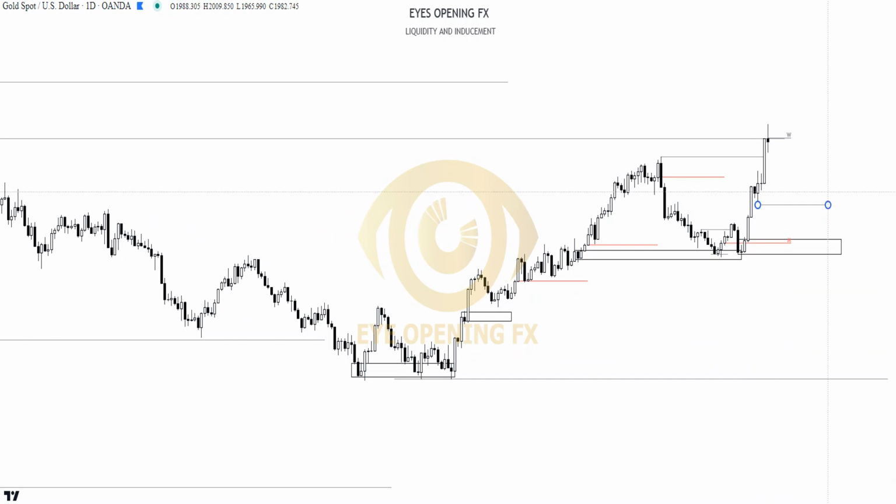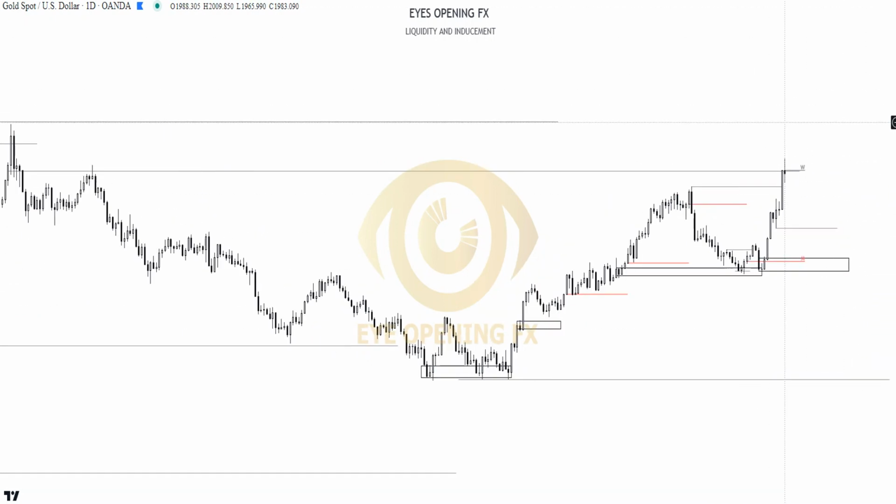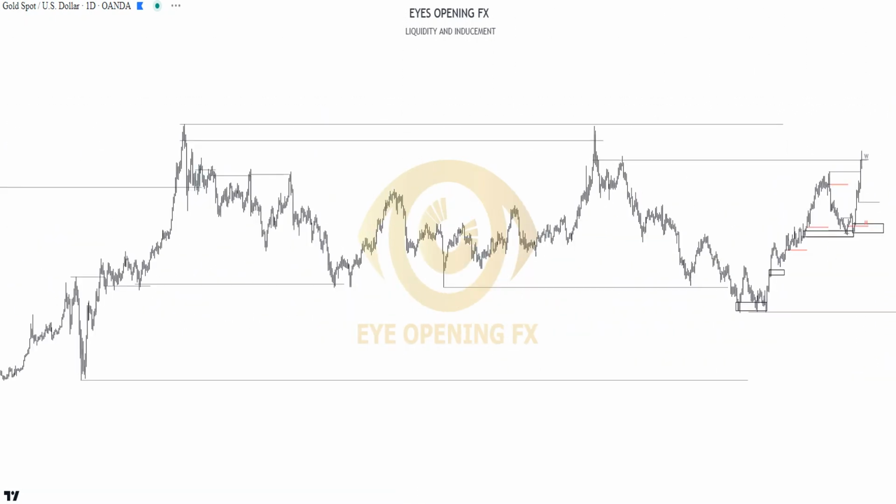So market can come and read it, or market can come and react off from it, then give you another buy movement. So the main thing is you wait for market to give you what you want at this certain level. So either to give us a bearish move or a change of order flow, or more for price to read that double top on either weekly or monthly time frame.